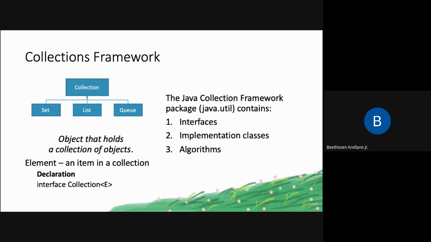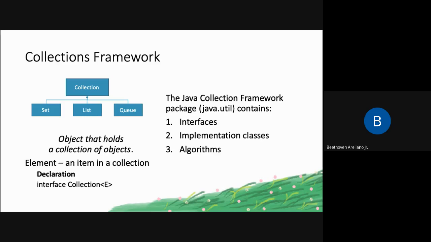A collection framework provides a unified interface to store, retrieve, and manipulate the elements of a collection, regardless of the underlying actual implementation. This allows the programmers to program at the interface specification instead of the actual implementation.